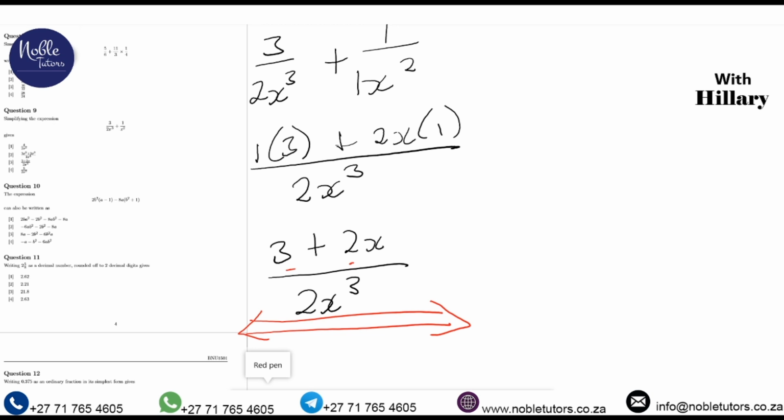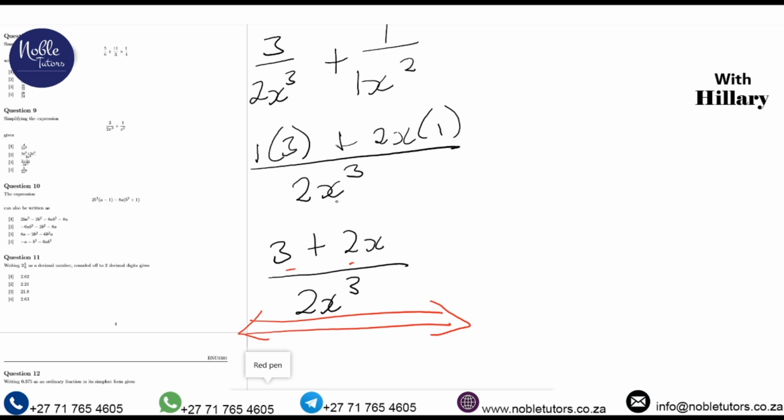You cannot add them. So basically, you need to remember how to go about these steps. And remember how I got my 2x here. We agreed that x squared into 2x to the power 3 gets twice. So we are going to say 1 into 2 is 2.